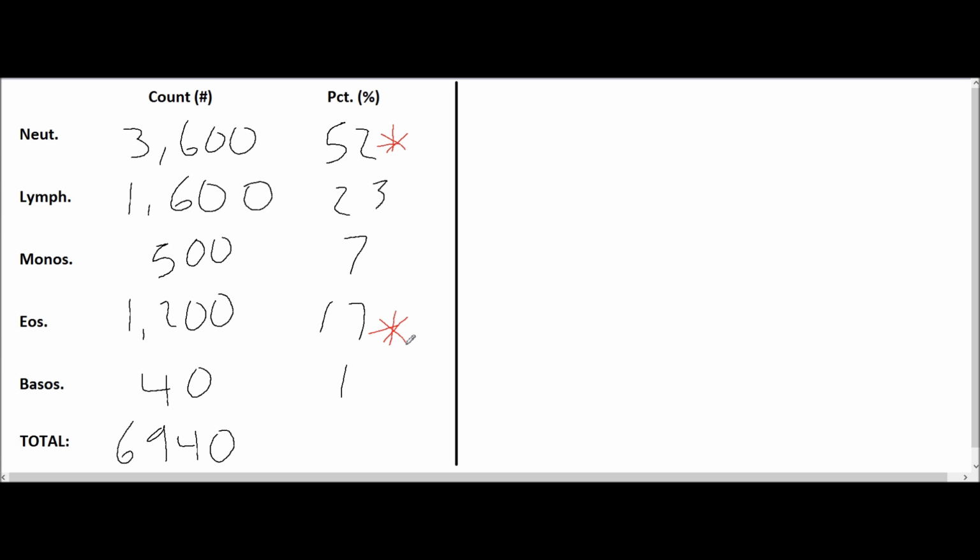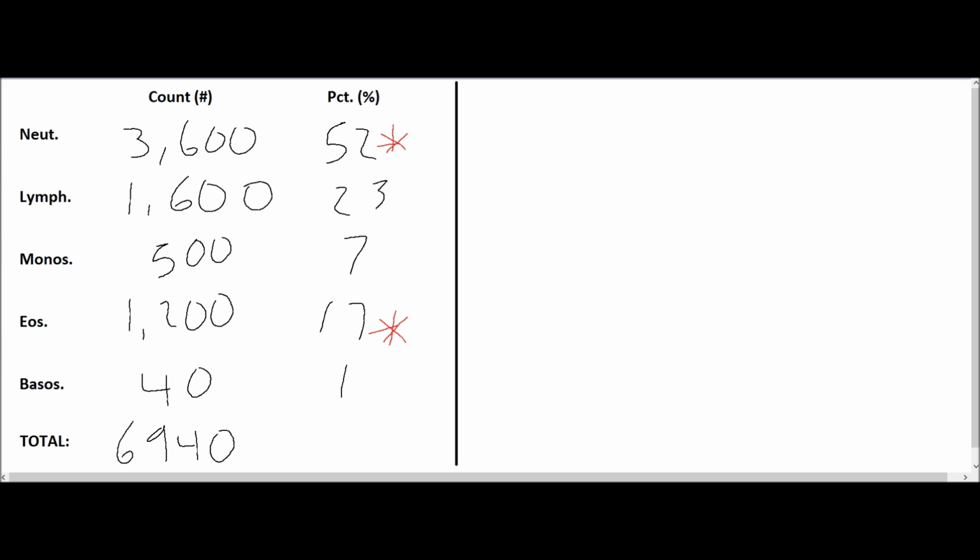But if you look at what will cause this elevation in the eosinophils, high eosinophil levels we usually will associate with parasitic infections, sometimes allergies. So a patient that's got pretty severe seasonal allergies will have elevated eosinophil levels. And at this level, we would be concerned that there could even be a parasite of some sort.